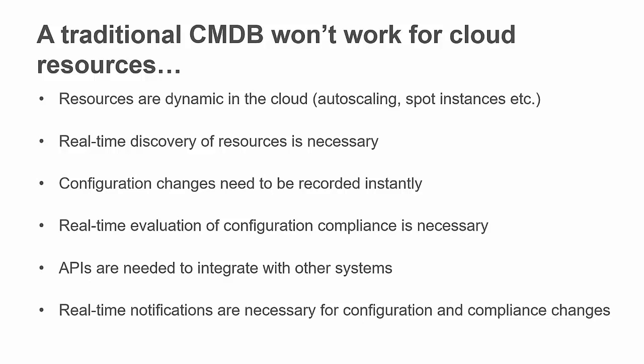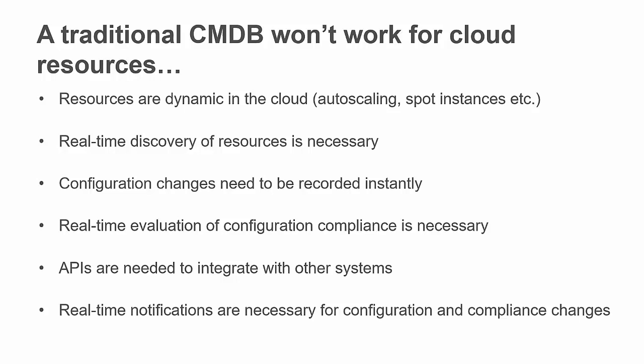You've got things like auto-scaling and spot instances, where resources come and go multiple times in a day. You can't rely on nightly jobs to discover new resources in your account. You need real-time discovery of resources so that your incident and change management processes have accurate information at all times.